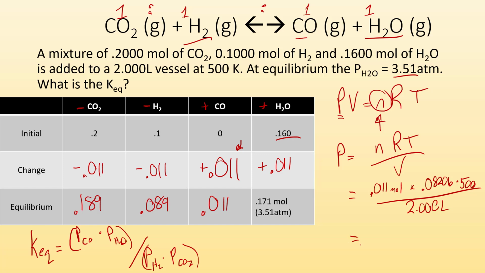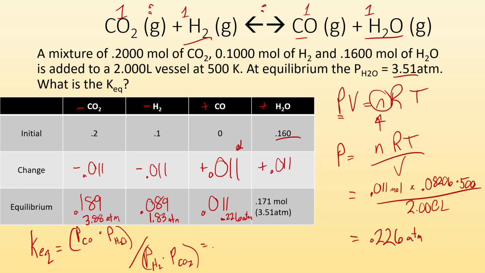And the pressure for that one, I'm going to get to be 0.226 atmospheres. So 0.226 atmospheres at equilibrium. And I'm going to do the same process for the rest of those. It's the same process, different answers because I've got different numbers of moles. This is going to be 1.83 atmospheres, and this is going to be 3.88 atmospheres.